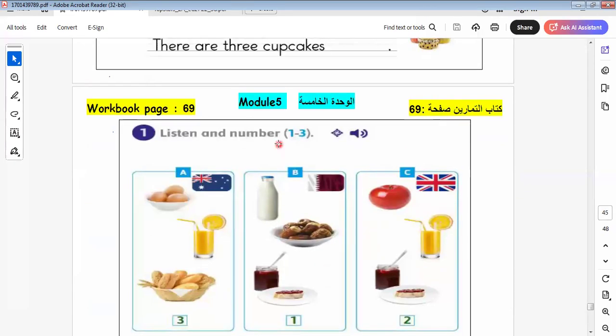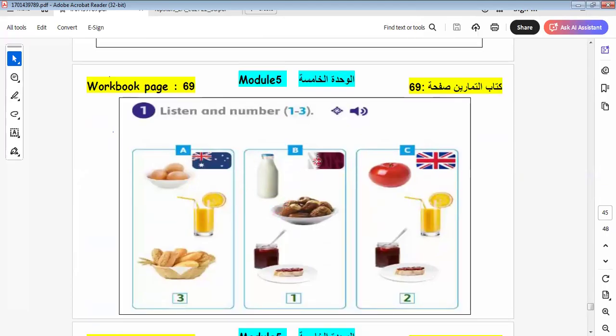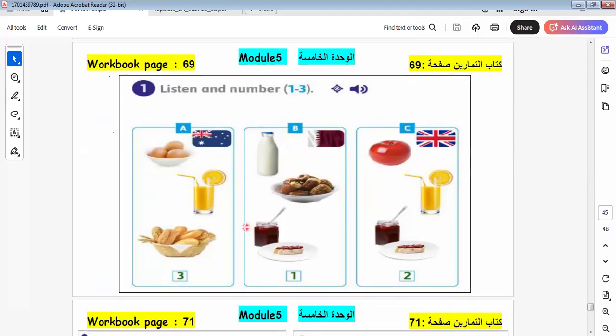Here in this module, lesson and number. This is the breakfast, so I put 1. This is breakfast. Here we say breakfast of Qatar. This is the breakfast of Qatar.